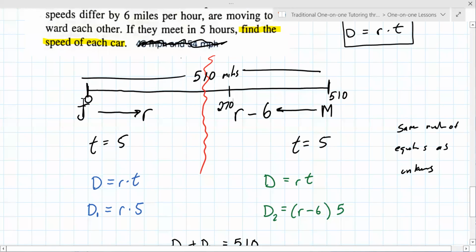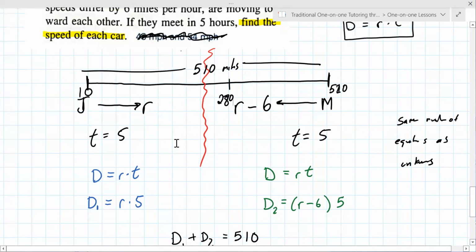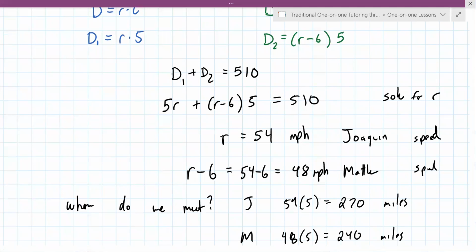But if we didn't start, like let's say you start at mile marker 10, we would actually meet at mile marker 280 now. That's a scaling issue that you see where you don't know if your scale starts at 0 or 10 or what. Okay, enough about that problem.